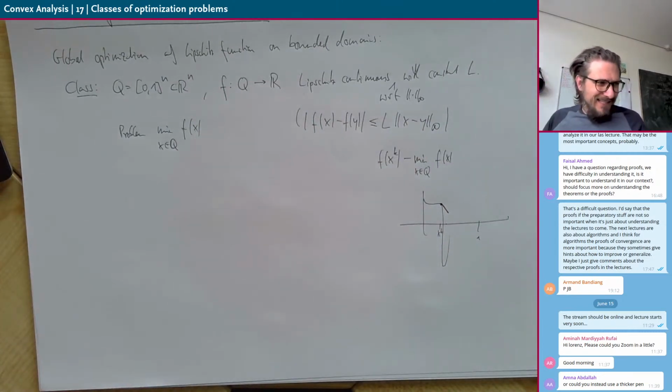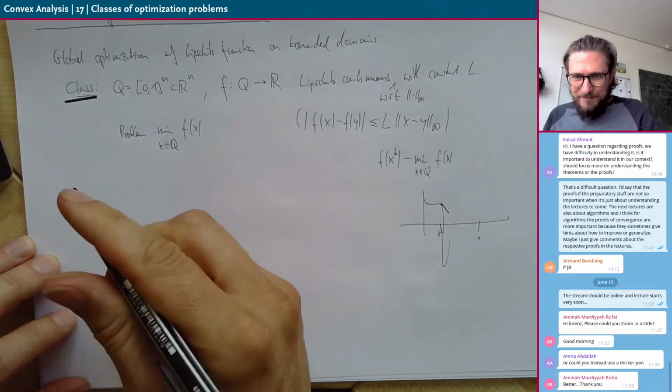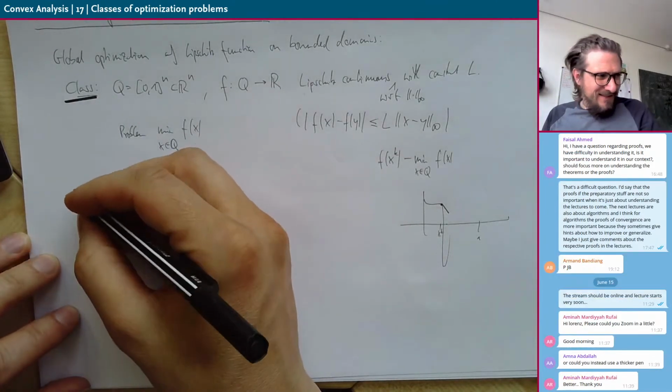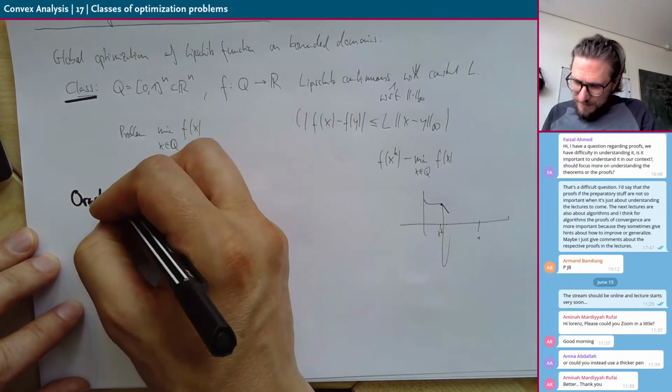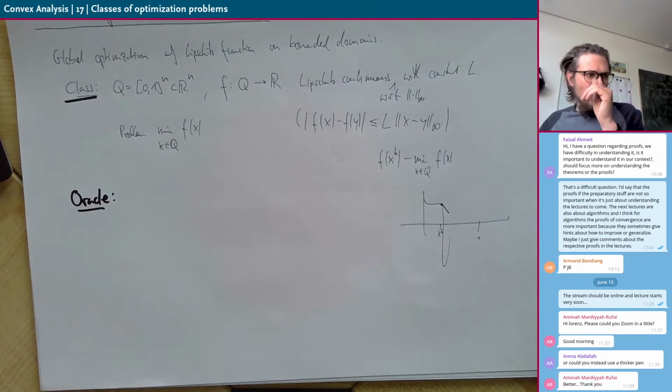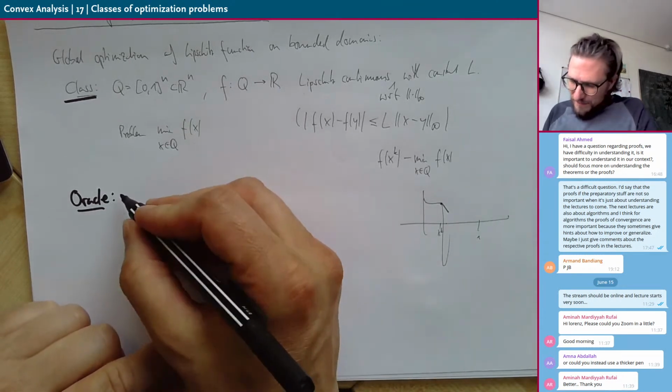I tried. Okay. So this is the class, and the next one is the oracle. This is what it's called sometimes. And the oracle shall tell us what we are allowed to do, what information about the function we are allowed to use in each step. And this should be like this.